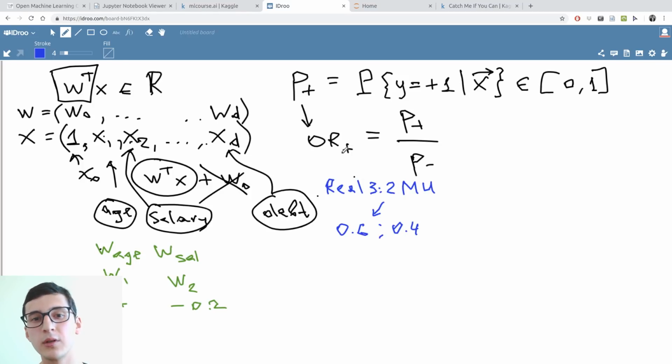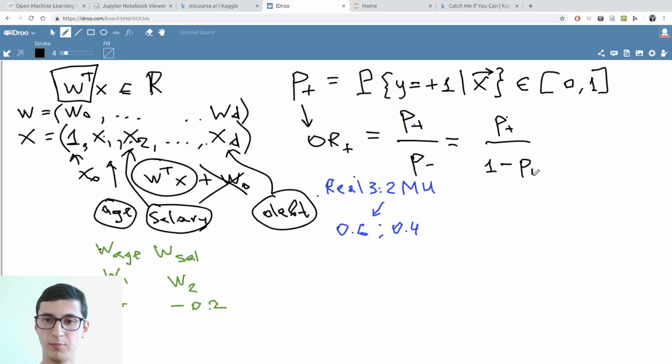Okay, so odds ratio for class plus 1 is going to be predicted probability of class 1 divided by predicted probability of class minus 1. And here we'll stick to a simple case of just binary classification. So this expression is going to be p plus divided by 1 minus p plus, because we've got only two variants.